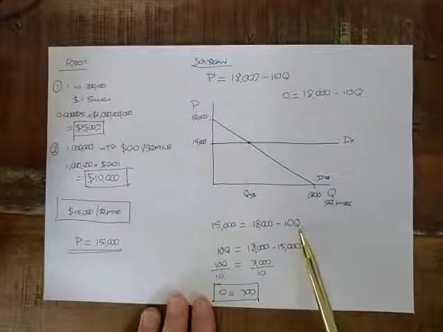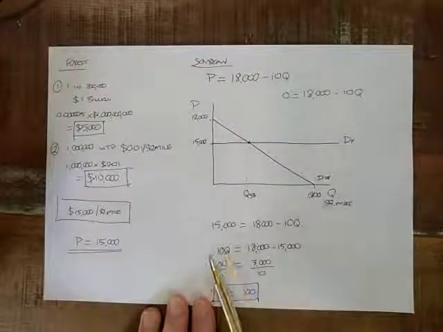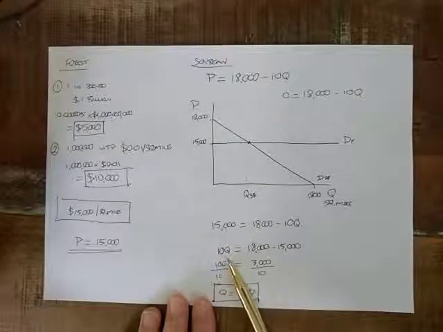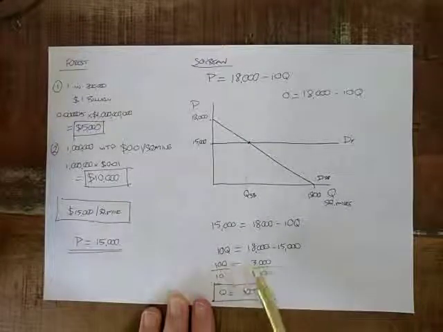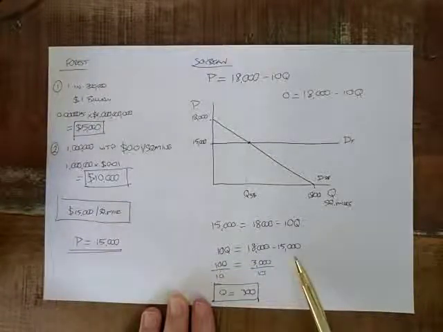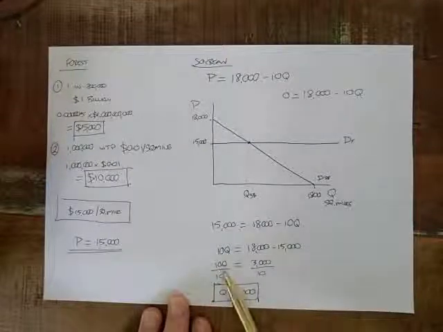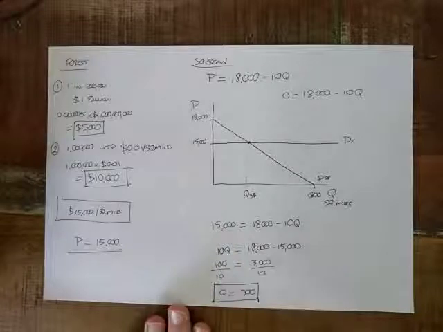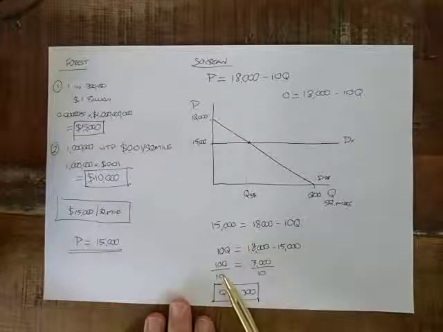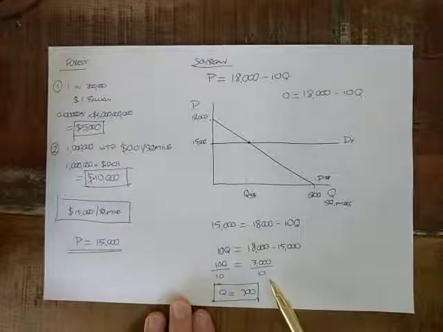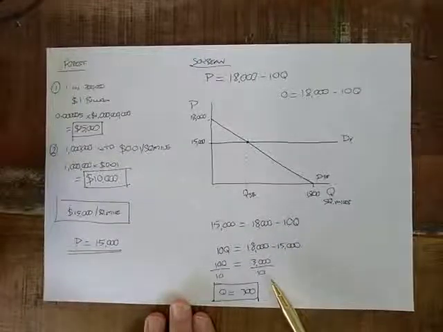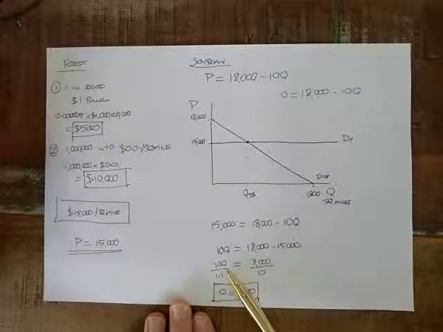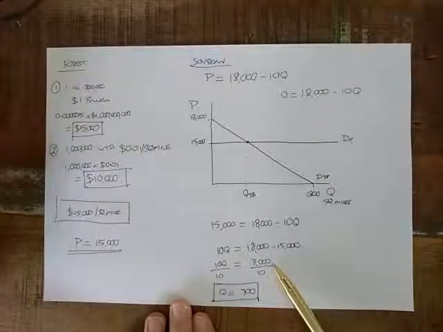I'm going to take the 10Q over to this side, in which case we turn it into a positive. 10Q equals 18,000 minus 15,000, or in other words, 10Q equals 3,000. I get rid of this 10 at the front of 10Q by dividing it by 10, and we have to do the same to the other side. So we end up with Q equals 3,000.